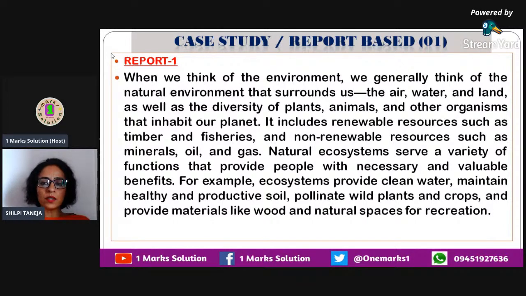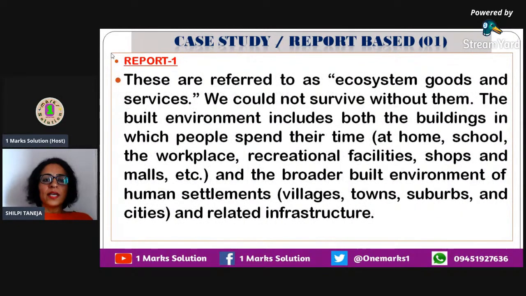Natural ecosystems serve a variety of functions that provide people with necessary and valuable benefits. For example, ecosystems provide clean water, maintain healthy and productive soil, pollinate wild plants and crops, and provide materials like wood and natural spaces for recreation. These are referred to as ecosystem goods and services. We could not survive without them.